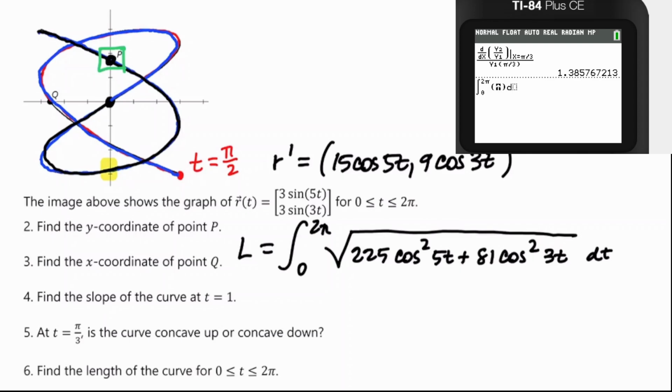That's going to be a pretty big square root. 225 cosine of 5t squared plus 81 cosine of 3t squared with respect to t.